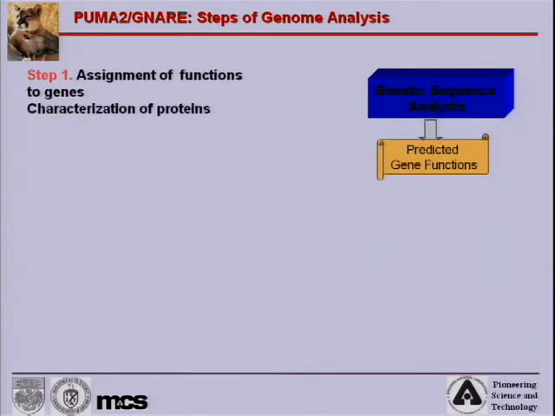So what are the steps of analysis that PUMA does and NMPDR does? First, assignment of functions to the genes and characterization of the proteins. Once users have submitted the genome, we are running it on the grid against an array of tools, including BLAST, Blocks, TMHMM, Pfam, and our own tools, CHISEL, and we are collecting all this information to input it into the voting algorithm, which will vote to predict the functions of the genes.